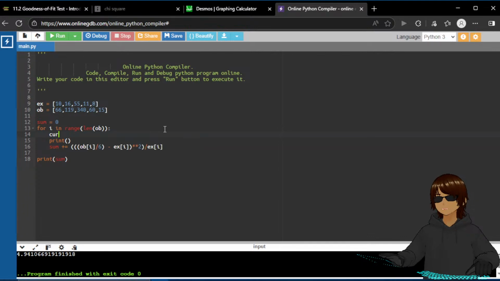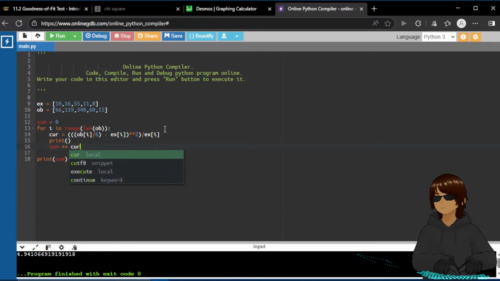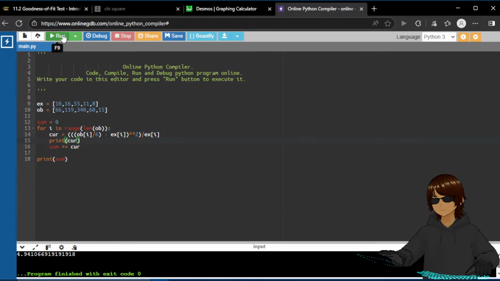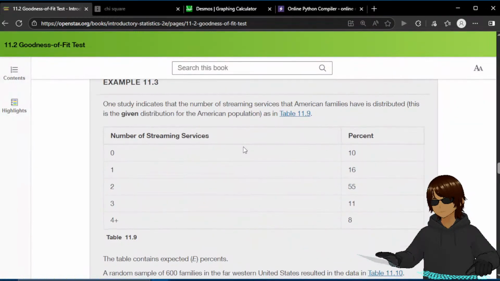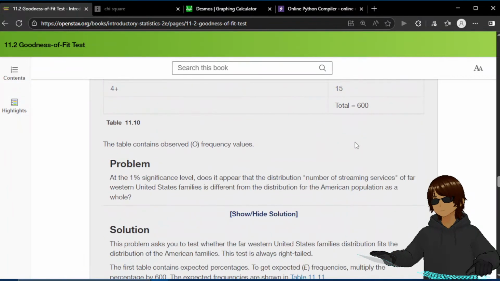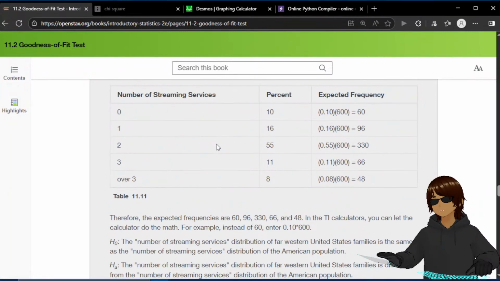I'll just print the current value. If I do 0.1 times 600, I would get 60, and then 60 minus 66 is 6.